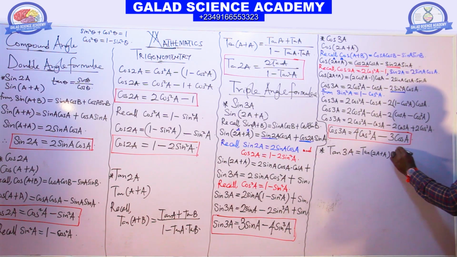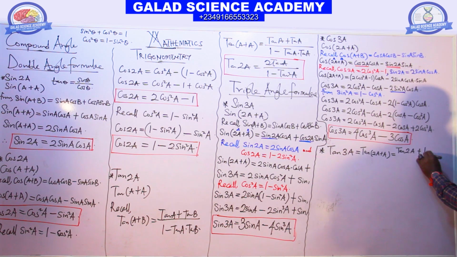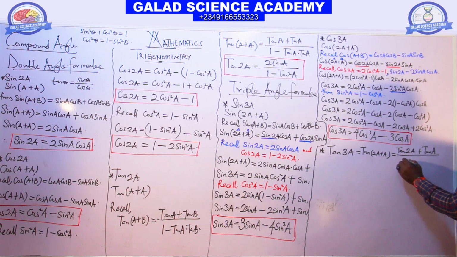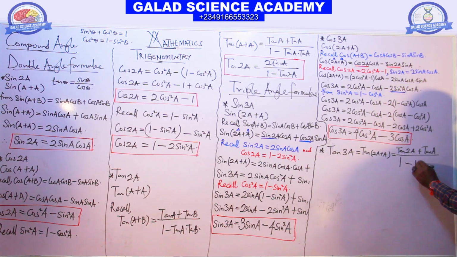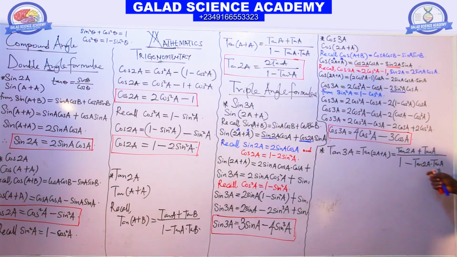We now have tan. What is my A here? It is 2A, plus tan of B, which is A, over 1 minus tan of 2A dot tan of A. So this is what we apply here.